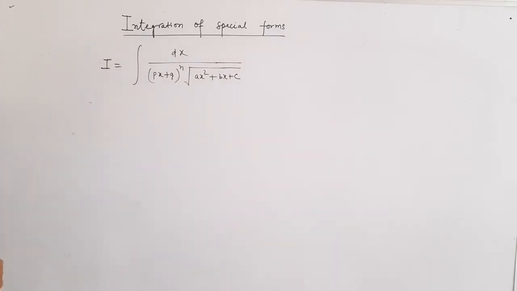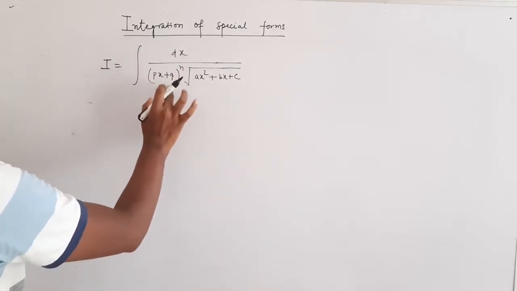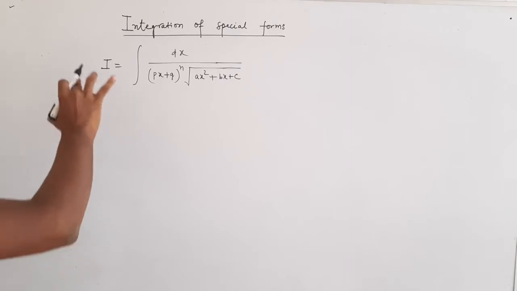This px plus q is a linear term, and n can be any integer value. The idea is that in these kinds of questions you have to take 1 over this linear term as z.